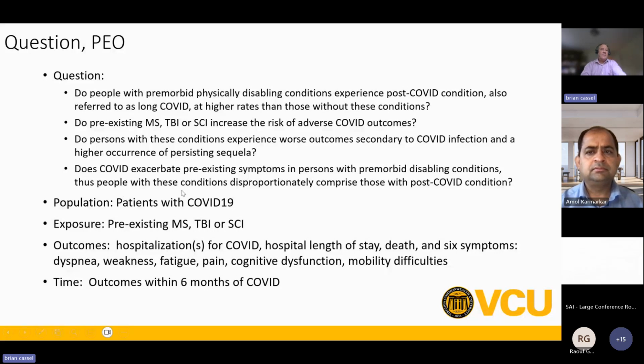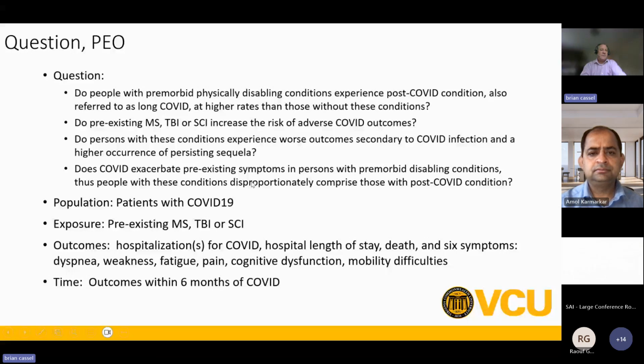In their introduction, they phrased the research question in 4 different ways in different sections, all of them essentially the same thing about longer term continuation of symptoms and other outcomes after COVID diagnosis, comparing a cohort of patients who had multiple sclerosis, traumatic brain injury, or spinal cord injury compared to patients with COVID who did not have those pre-existing disabling conditions.